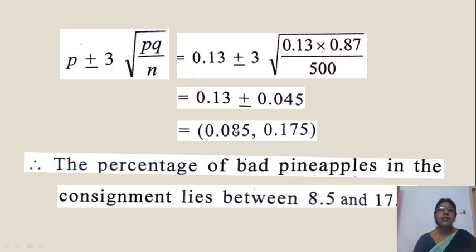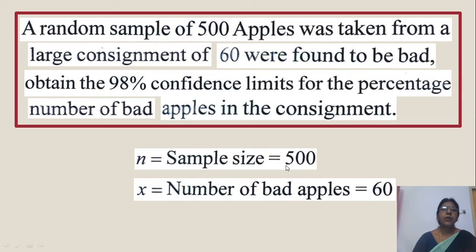The percentage of bad pineapples lies between 8.5 and 17.5. So for 100 pineapples, the bad pineapples are from 8.5 to 17.5, that means 9 to 18. Okay.